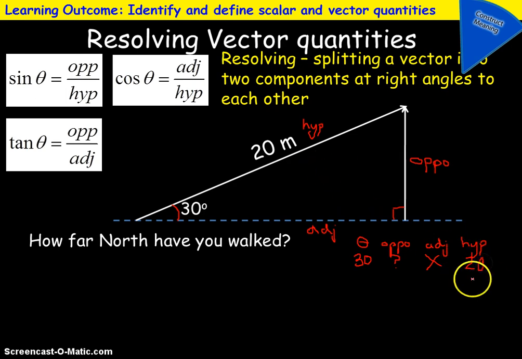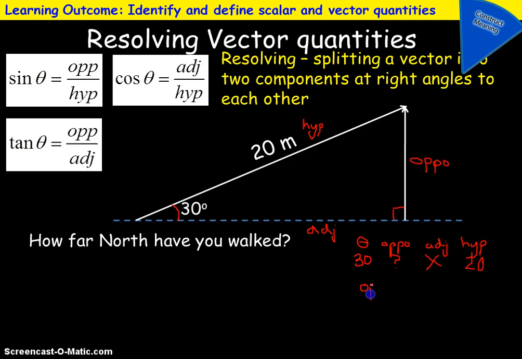Then I have to use SOHCAHTOA, and the equations of SOHCAHTOA for trigonometry are given up here: sine, cos and tan. I look for the one that doesn't have adjacent. Both cos and tan have adjacent in there, so clearly I'm not going to use those, so I have to use sine. I rearrange that equation to give me opposite.